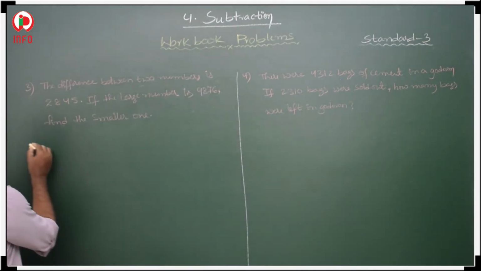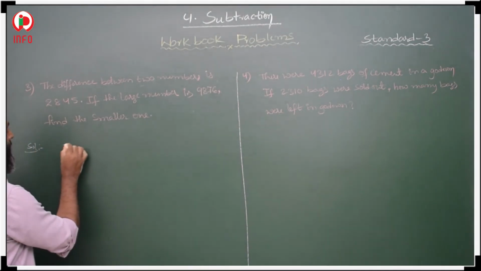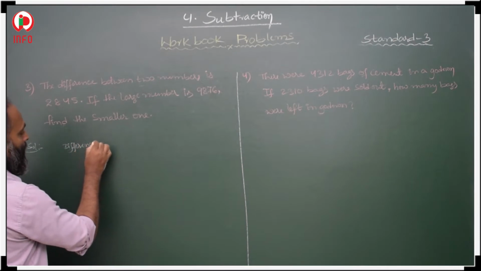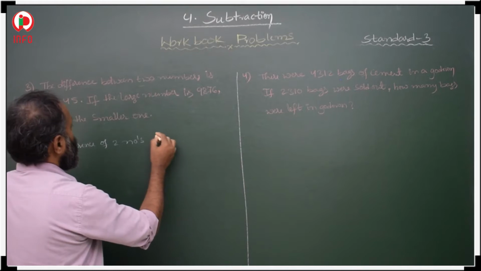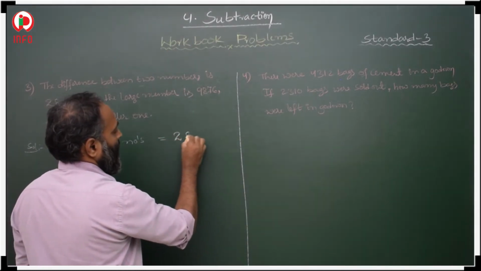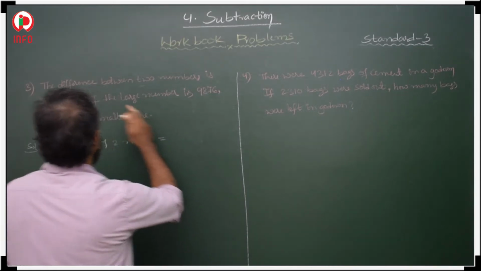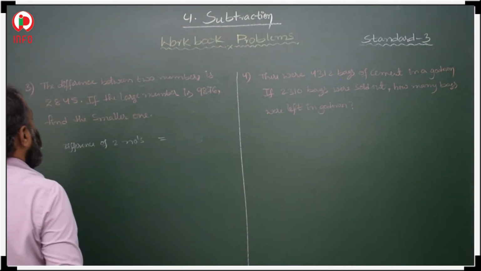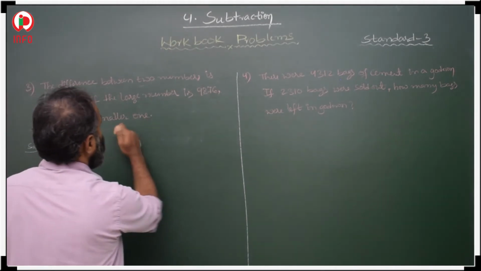So, solution: difference of two numbers. How much? 2845. The difference between the two numbers is this. Then first, the larger number. Difference is given, we have to take it last. First we have to take the larger number.